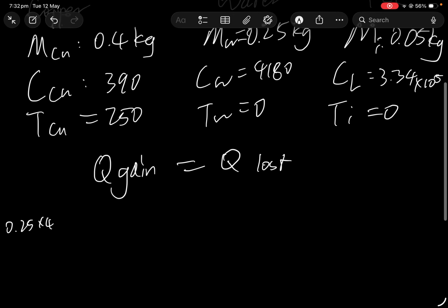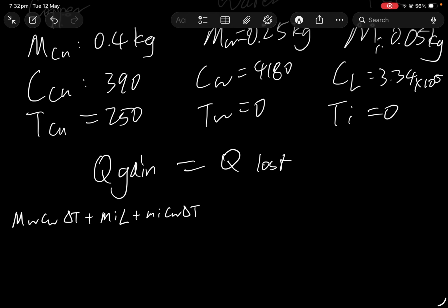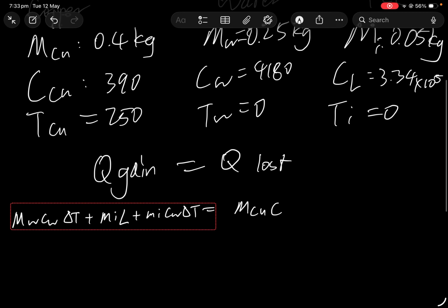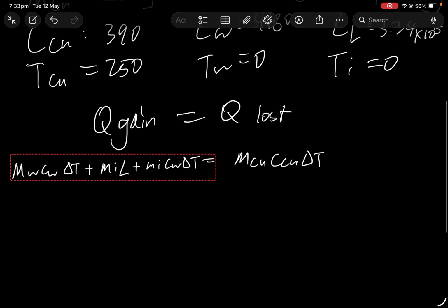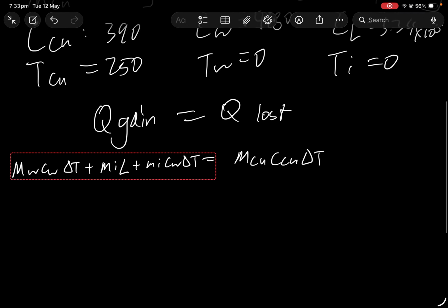We'll write mass of water times C times delta T, plus mass of ice times L, plus mass of ice times C water times delta T, equals Q loss, which is mass of copper times C copper times delta T. That's basically the equation.